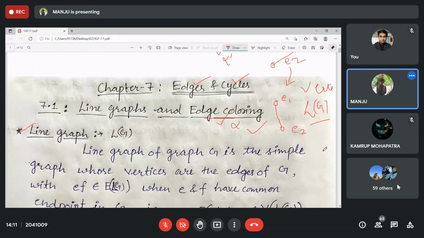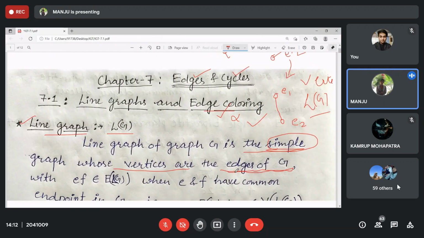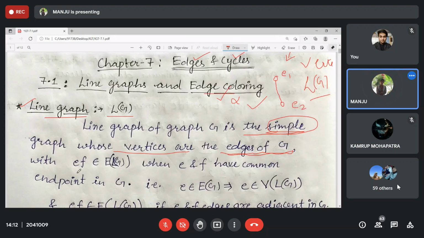Now, the line graph is denoted by L of G, and this will always be a simple graph whose vertices are the edges of G. Edges will become the vertices of L of G, and adjacency is defined like this: E and F are adjacent in L of G when E and F have a common endpoint, a common vertex.